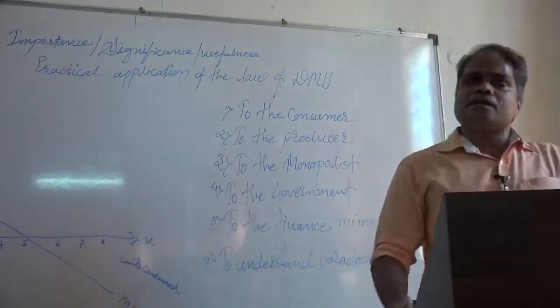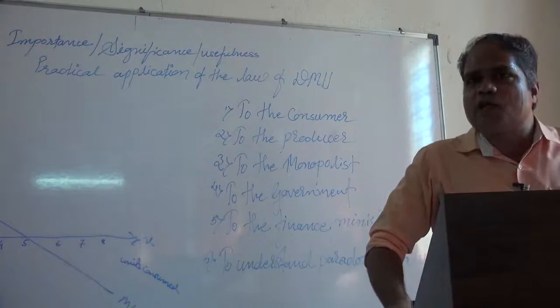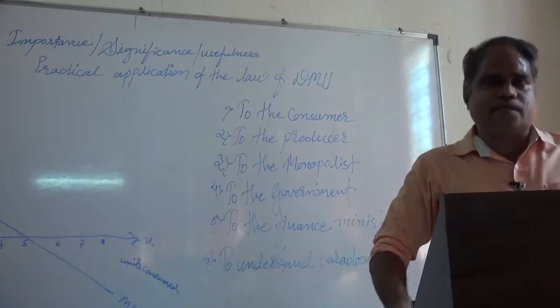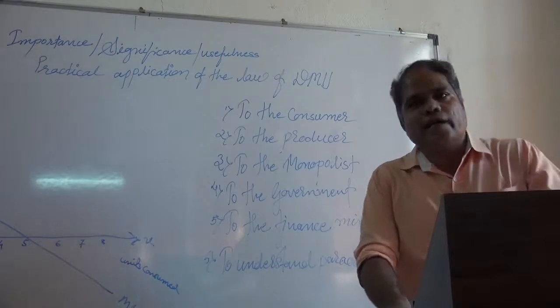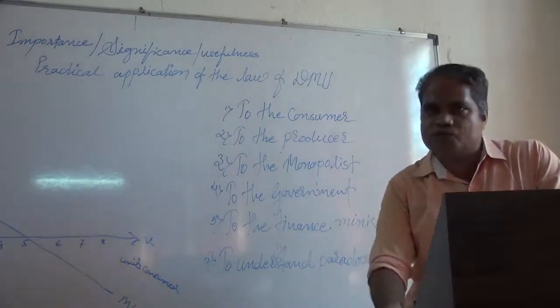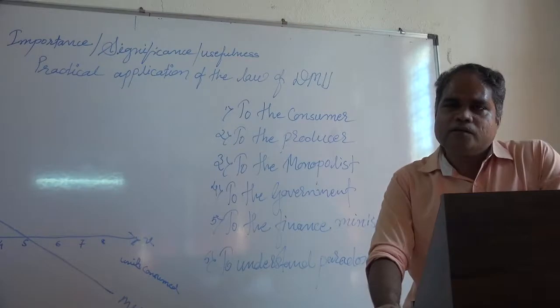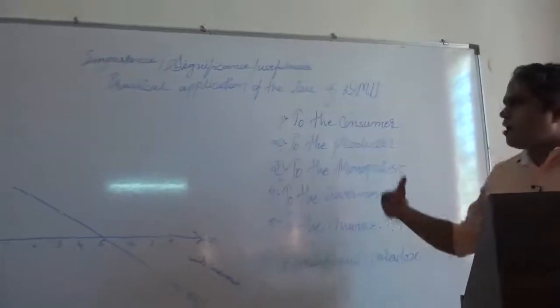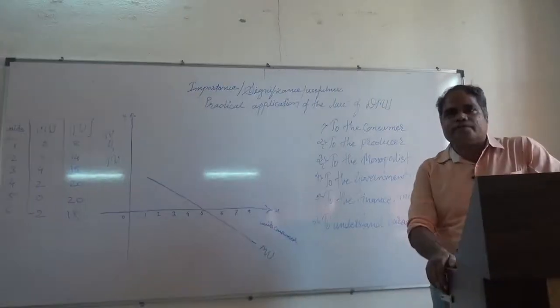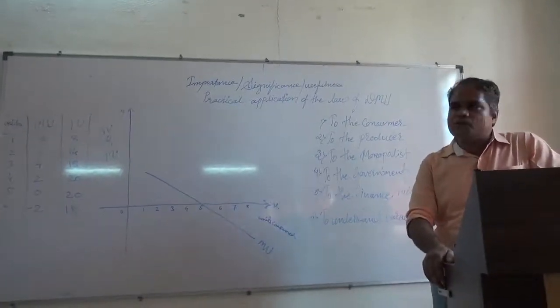It means there are certain goods that have higher value in use but low value in exchange, and certain goods that have higher value in exchange but low value in use, for example diamond. This paradox we can understand with the explanation of the law of diminishing marginal utility.